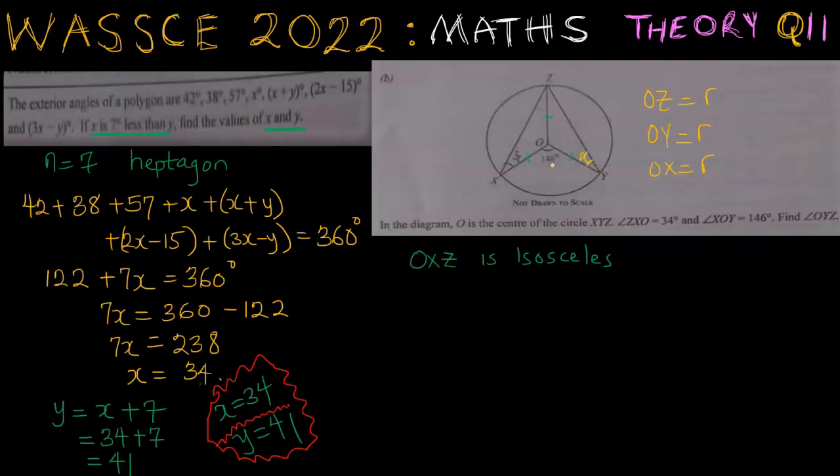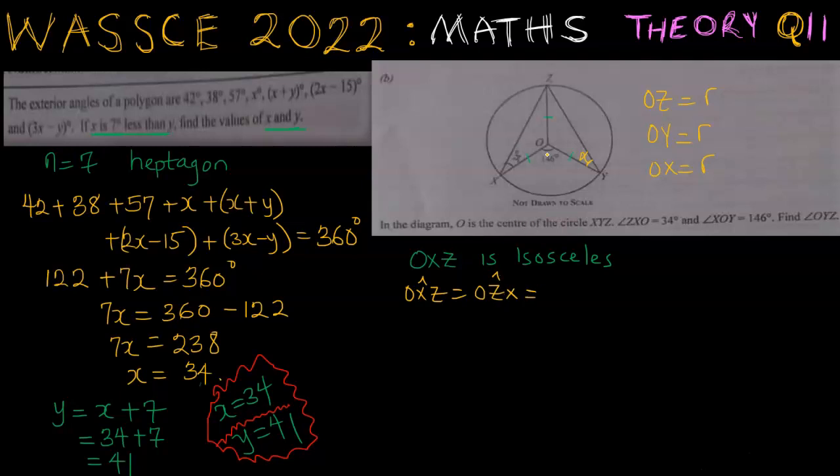The triangle OXZ is isosceles because 2 of its sides are equal. And we know that in an isosceles triangle, the base angles are also equal. Of course, the base angles are the angles that are outside of the included angle between the 2 equal sides. So that tells us that this angle here, OXZ, the angle at X, is going to be equal to OZX, because they are the base angles of the isosceles triangle.